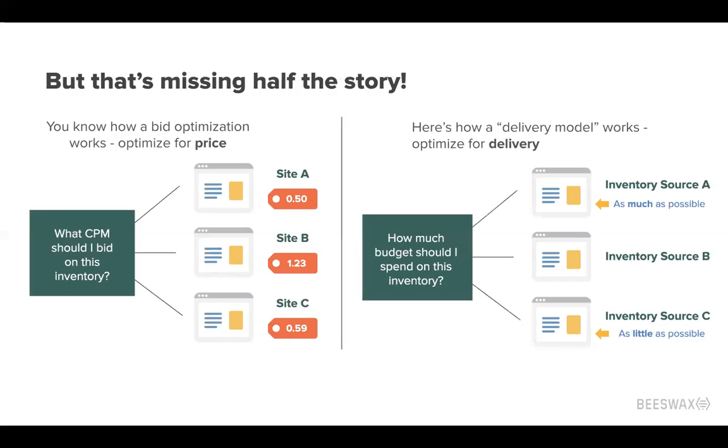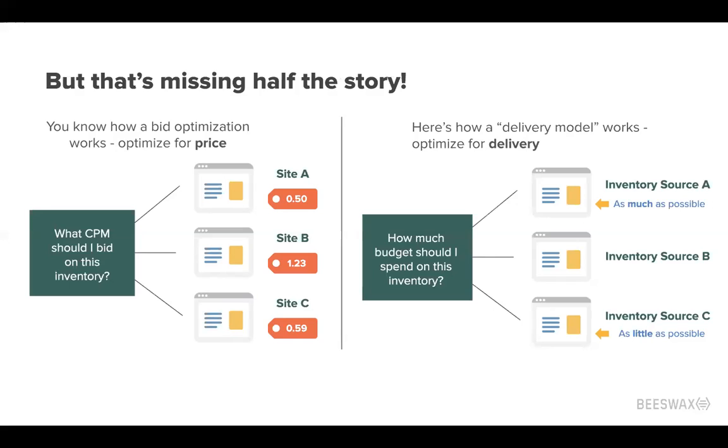But there is a second half to the story, which is independent of price. It's how much budget do you want to spend on said inventory. So think about it in terms of how do I want to allocate the delivery of my budget to the different sources of inventory.